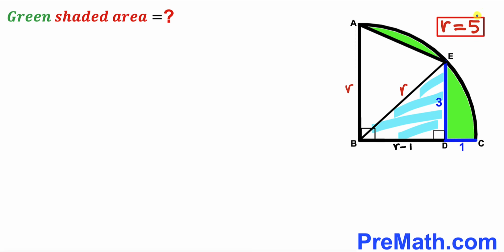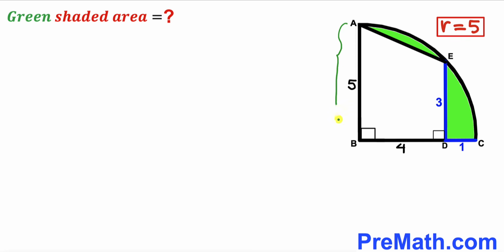And r minus 1 is 5 minus 1, which gives us 4. So the BD segment length turns out to be 4, and side AB length is 5.